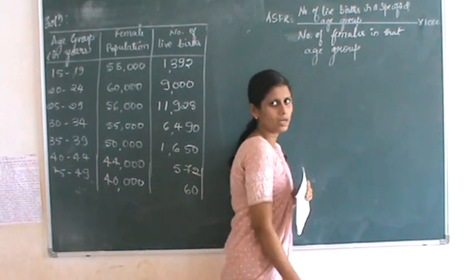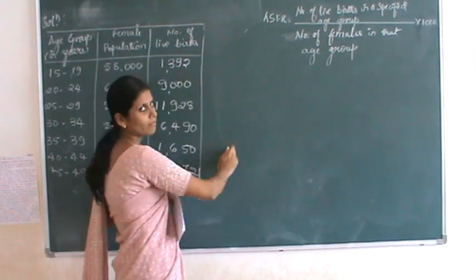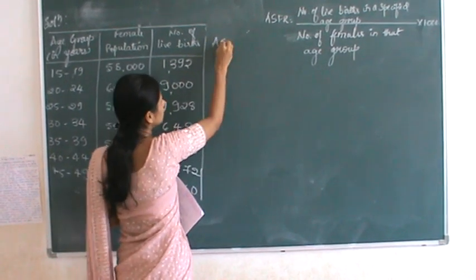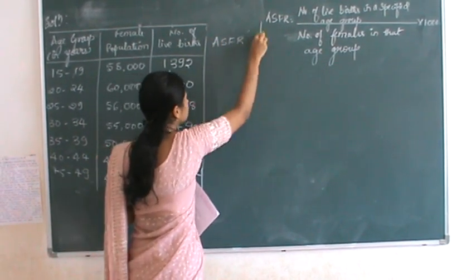This is the formula. Now we will draw one more column in the solution part, that is ASFR, age specific fertility rate.